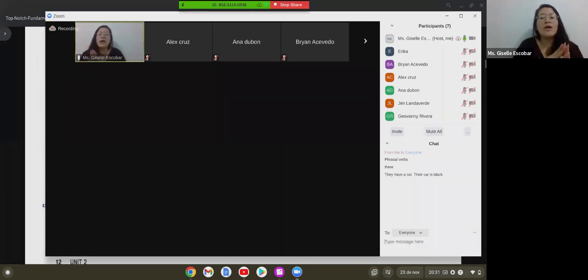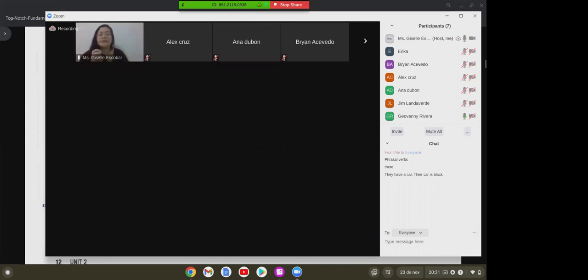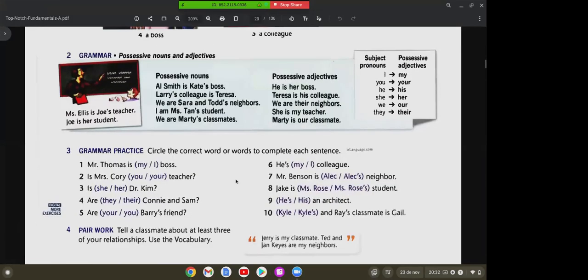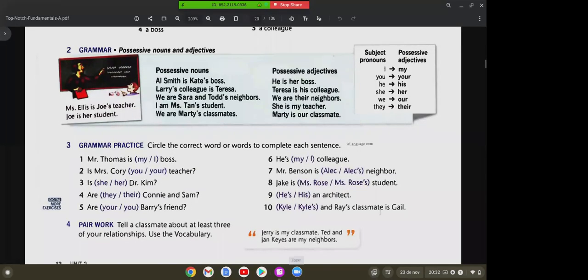Ellos tienen un carro. Su carro es negro. ¿Sí? They have a car. Their car is black. Okay, teacher. Gracias.